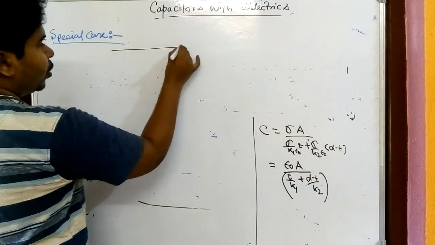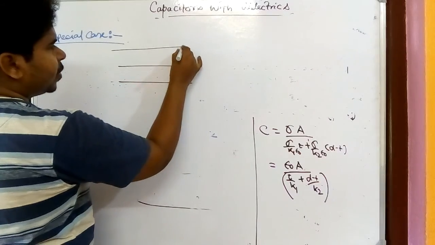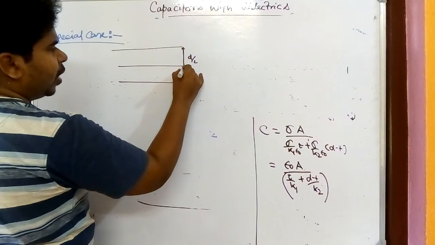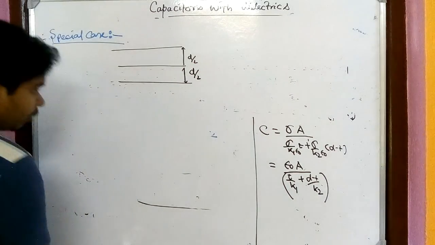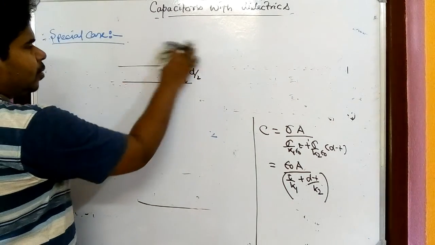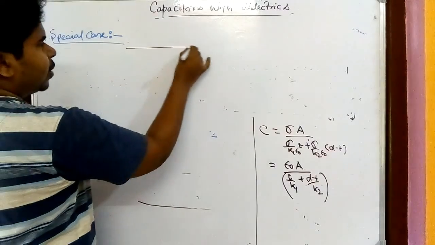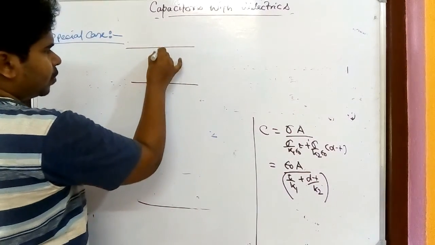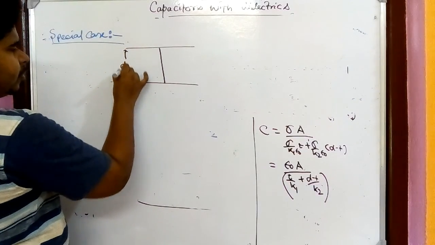Initially we introduced a dielectric slab just like this way, d by 2 and d by 2. Now we have to introduce another way. How? We're introducing like this one. So it is the total thickness d.